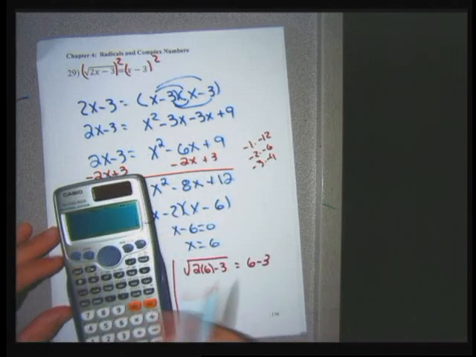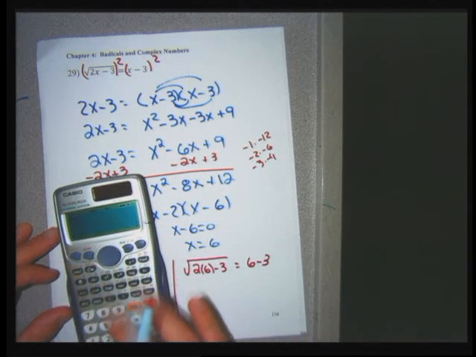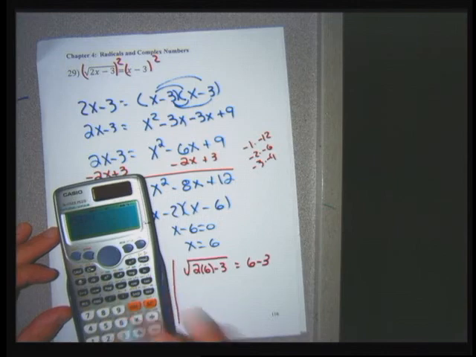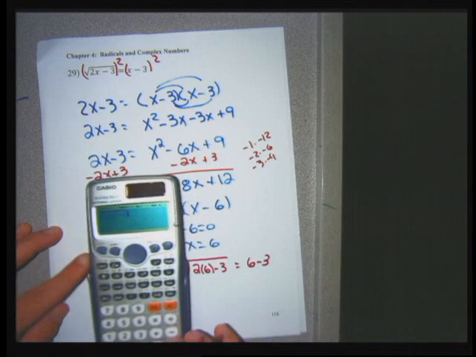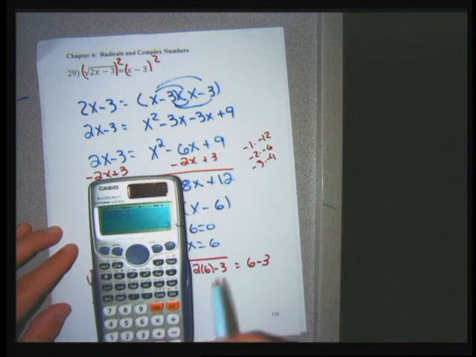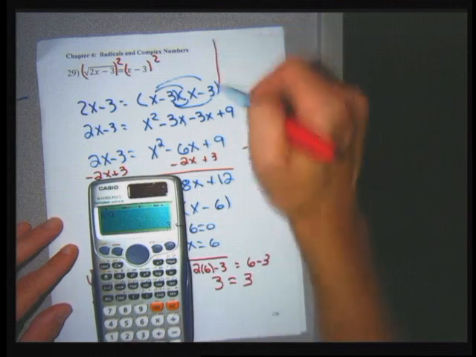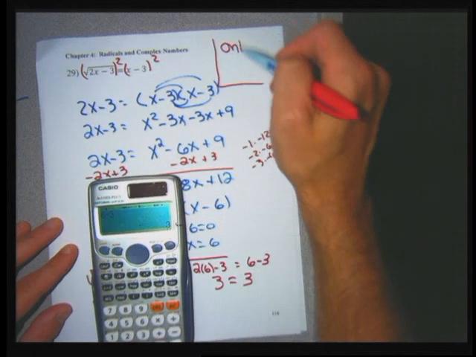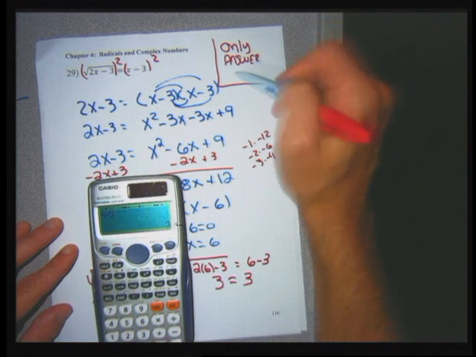For the other side, the square root of 2 times 6 minus 3 equals 3. And on the right side, 6 minus 3 equals 3. So the only answer I should write down is the one that checks, and that's x equal to 6.